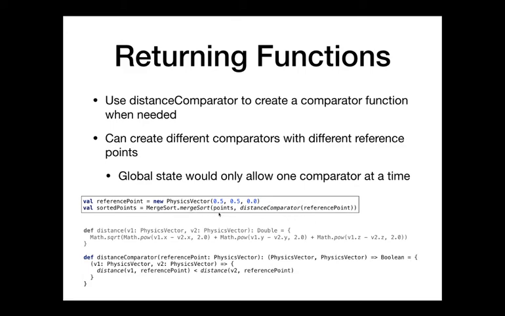So I'm calling a method to sort this data structure, and I'm calling another method that returns a function which is going to be my comparator for this sort. So that method is generating my comparator at runtime as opposed to at compile time. Not depending on compile time, and not depending on any state.